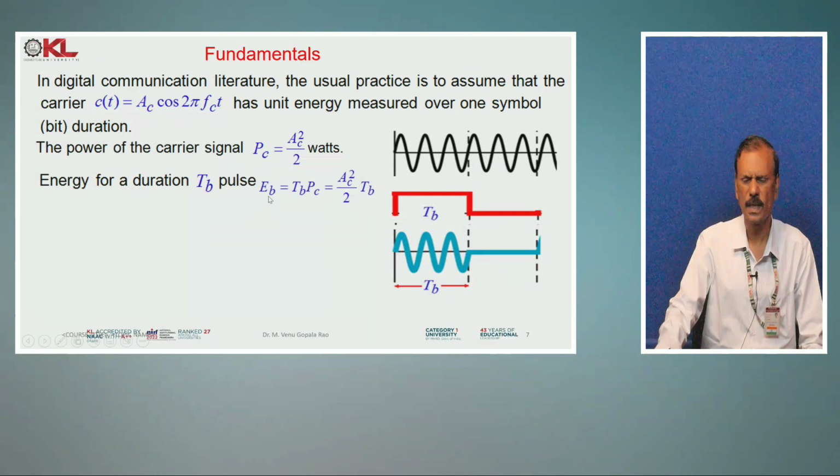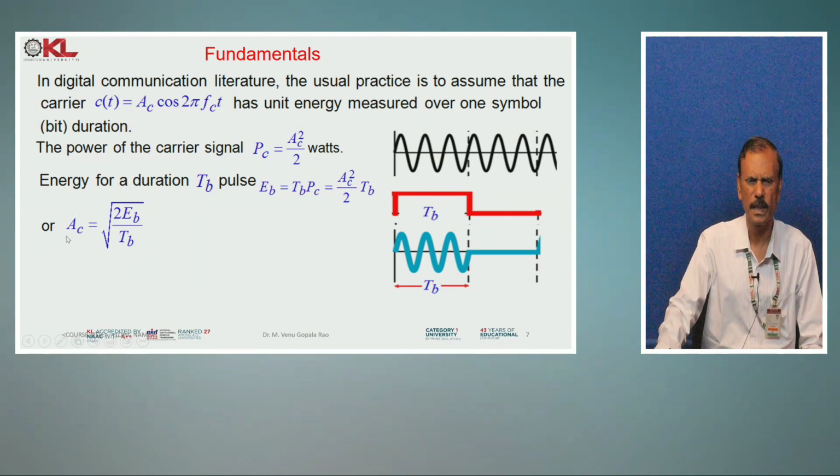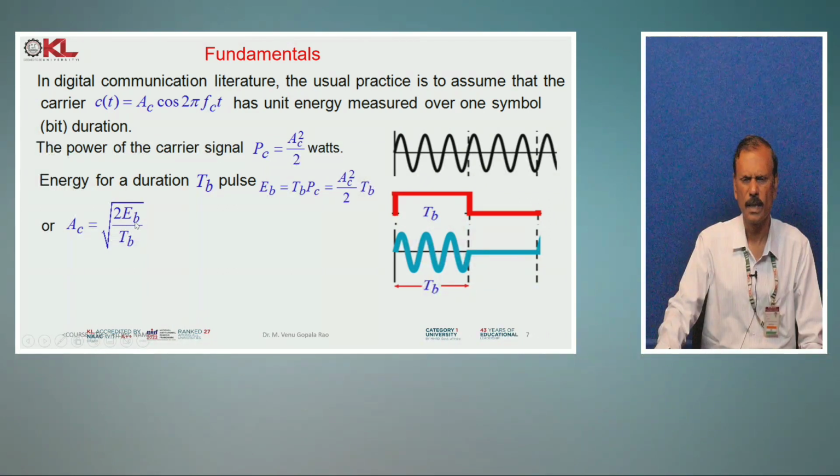The energy of the transmitted signal over the bit duration can be represented by power into time, that is Ac square by 2 into Tb. Or you can represent Ac in terms of the energy as root of 2 Eb by Tb. That means the amplitude of the signal is represented in terms of the energy and the bit duration.